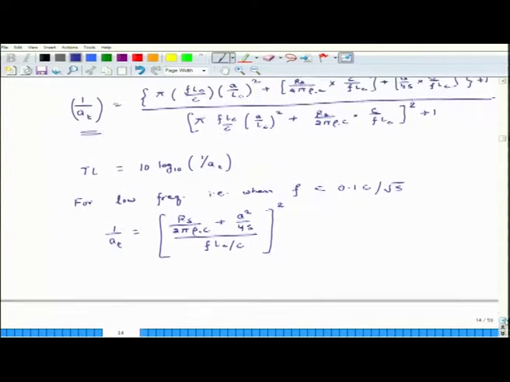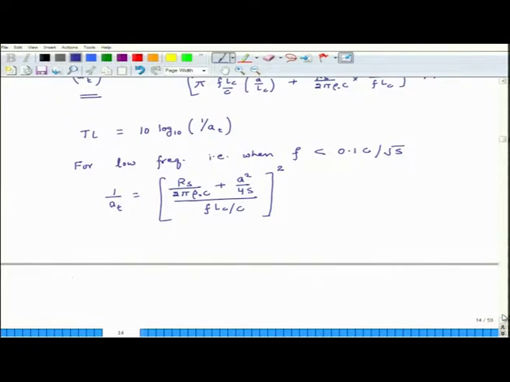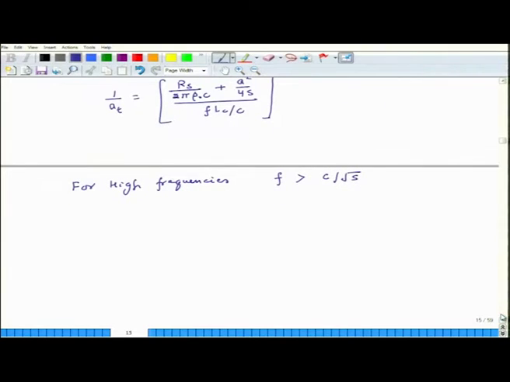So, this is a simplified version, and for high frequencies, and what do I mean by high frequencies? That is when F is very large compared to C divided by square root of S. In that case, I can write 1 over AT as approximately equal to 1.